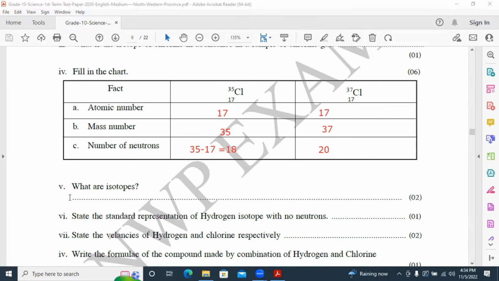What are isotopes? You should write the definition for the isotope. Atoms of the same element which have different mass numbers are the isotopes.